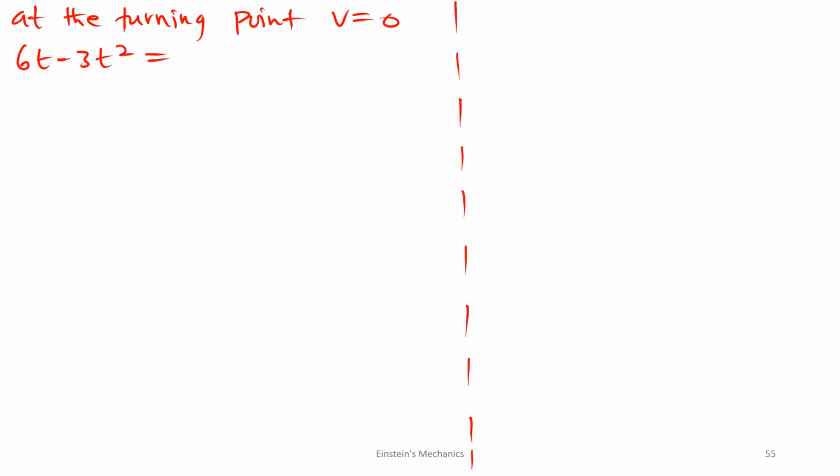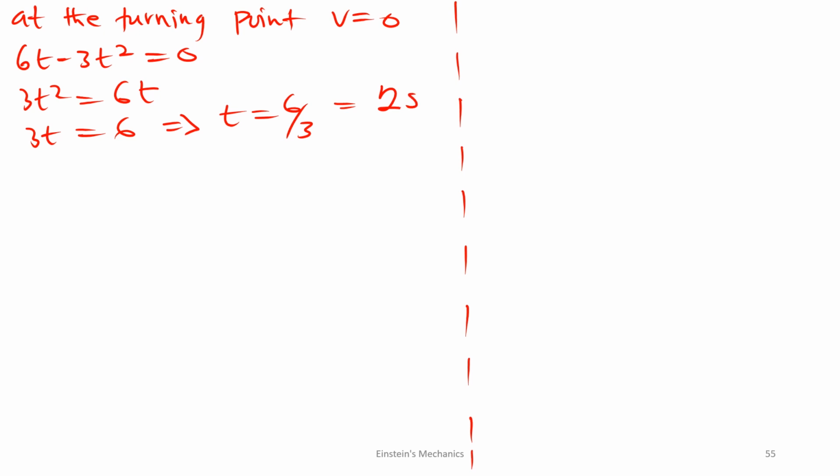So this means 3t squared is equal to 6t. Now 3t is equal to 6, which implies that my t is 6 on 3, which is 2 seconds, right? Meaning it is going to turn at 2 seconds.